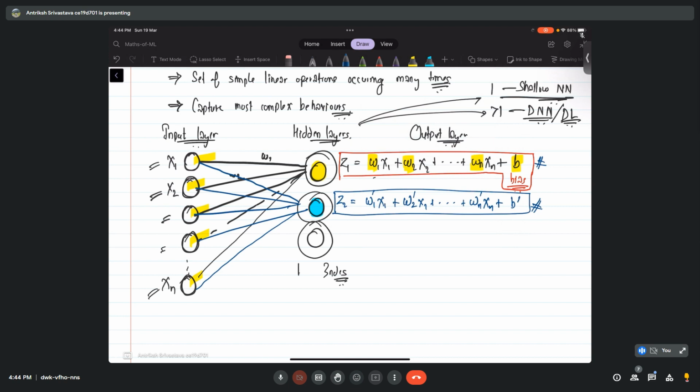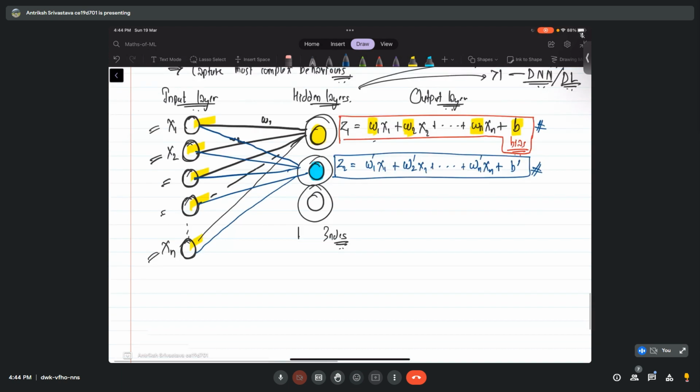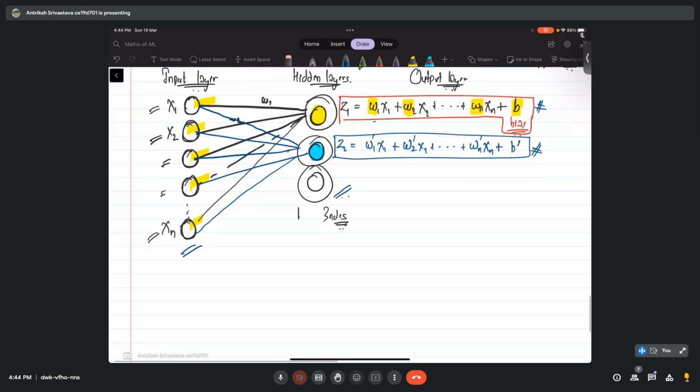The best, most concise way to represent the connection between two layers is a matrix, and we call that connectivity capital W. That is a matrix: W1, W2, Wn, then W1 dash, Wn dash, and let's say we have three, so double dash, Wn double dash.